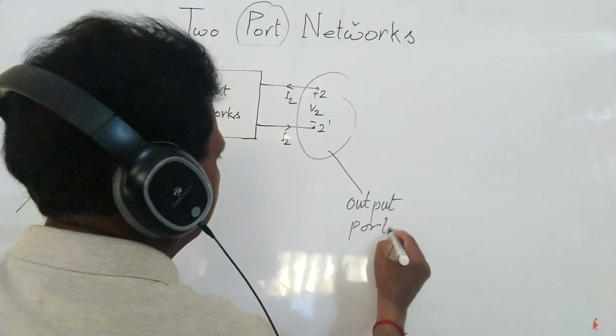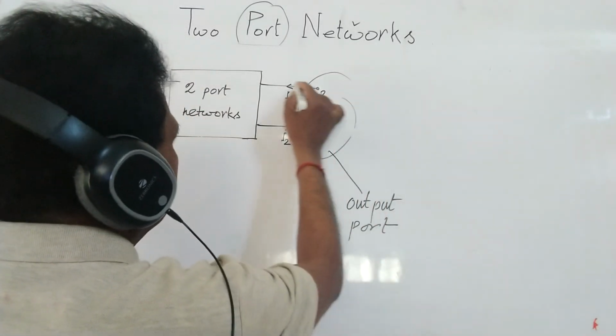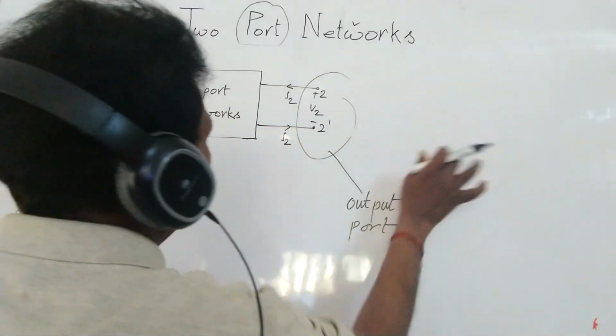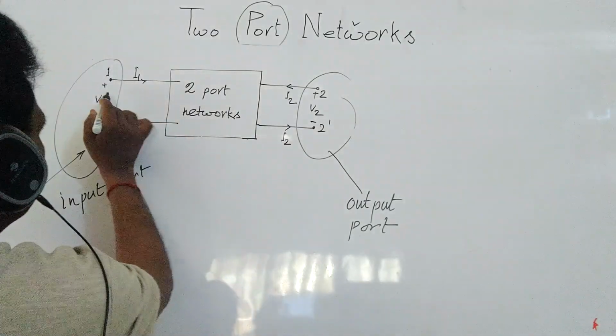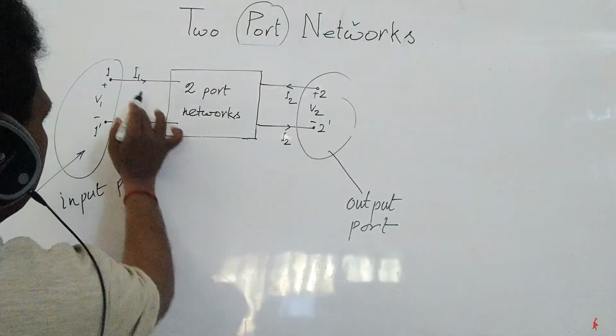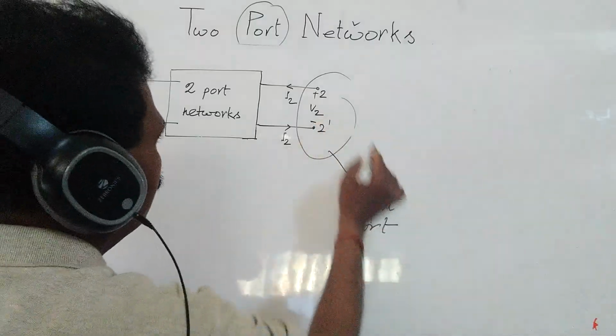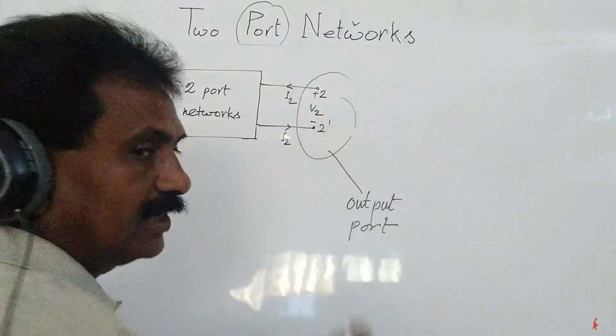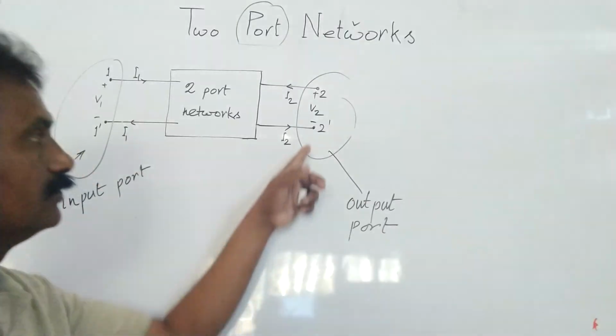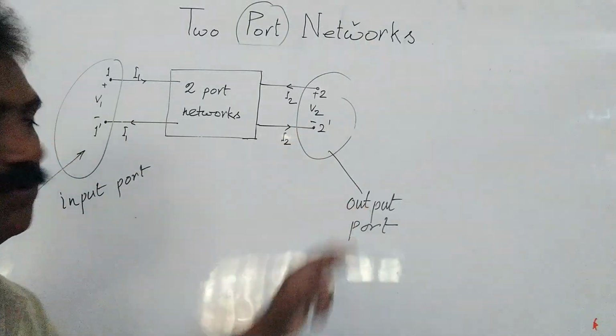From here the current leaves the network. From the input port current is entering the two port network, and from the output port current is leaving the network.